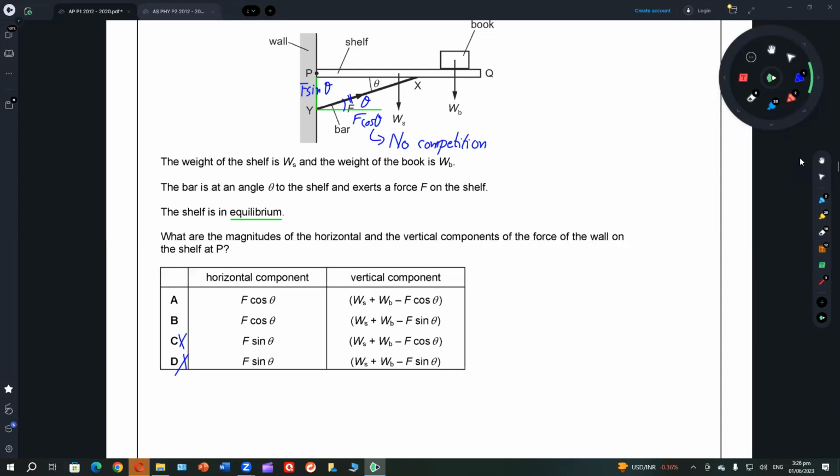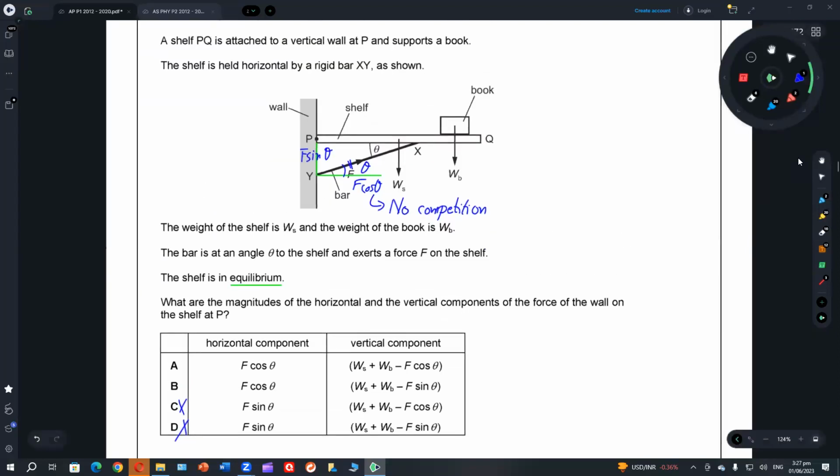So what about this one now? We should make an equation for the vertical component, because F sine theta is upward, WS and WB are downward.